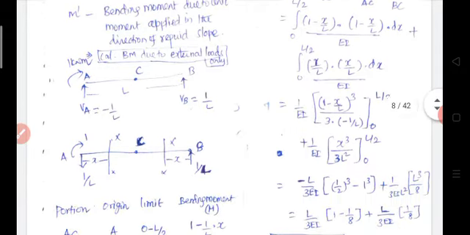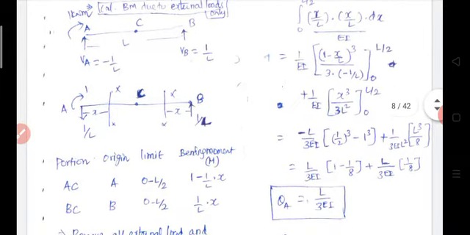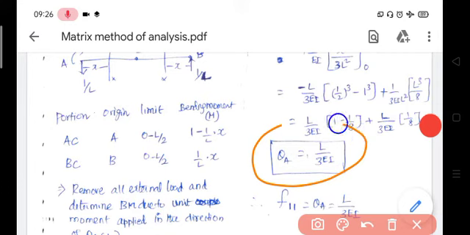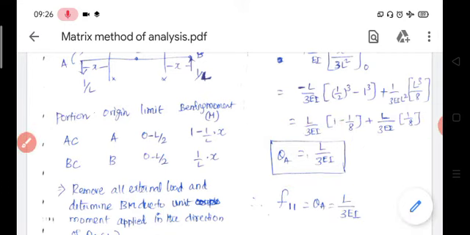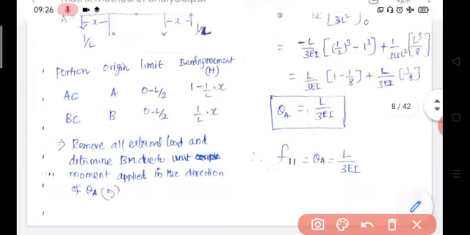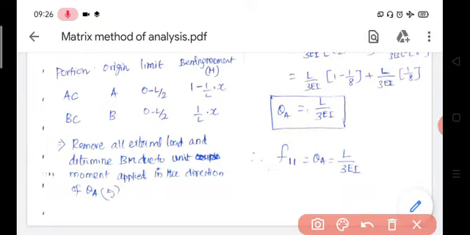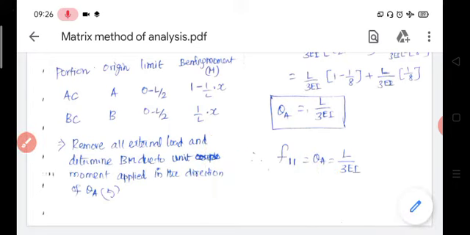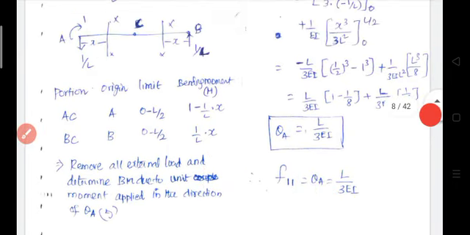Then integrate this equation. So finally we determine theta A is equal to L by 3 EI. So F11, the element of the flexibility matrix, is equal to theta A, which is equal to L by 3 EI.